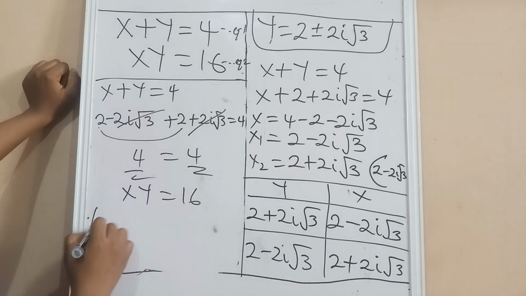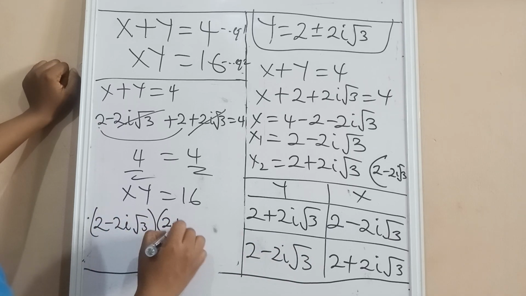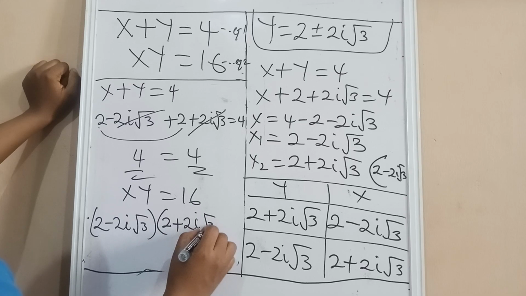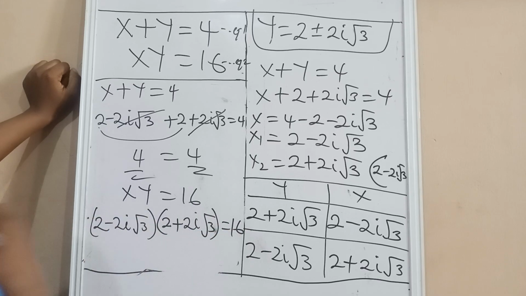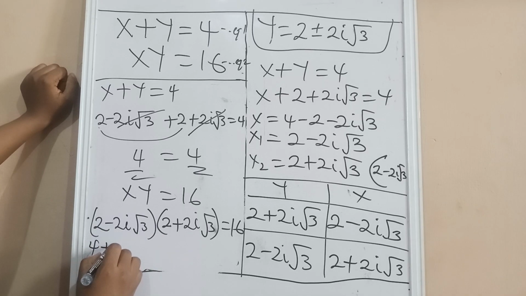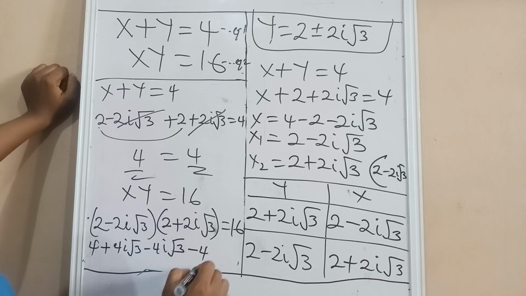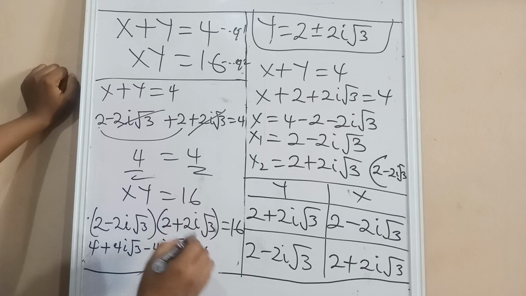So let's try for this one when xy is 16. So 2 minus 2i root 3 times 2 plus 2i root 3 equals 16. So we're going to open the bracket: 2 times this, 4; 2 times this, plus 4i root 3; this times this, minus 4i root 3; and this times this, minus 4 i squared.